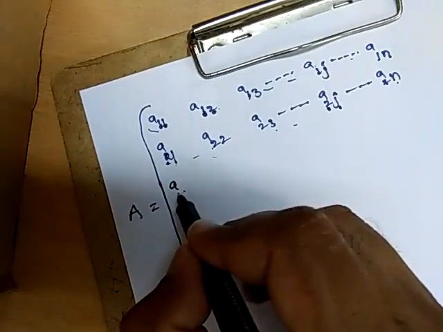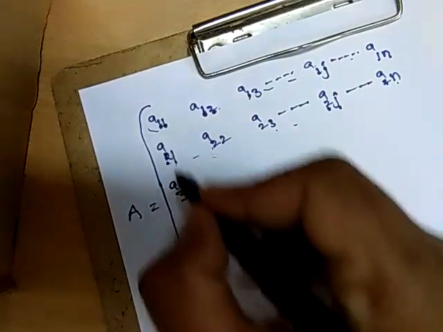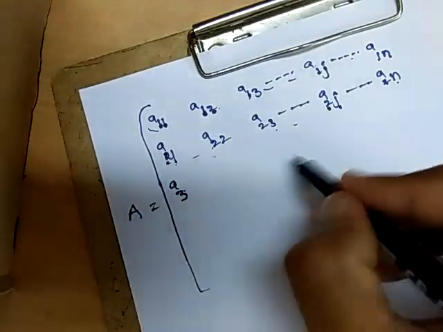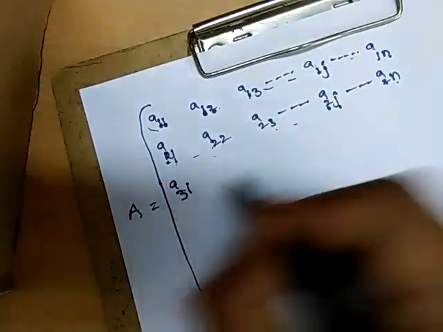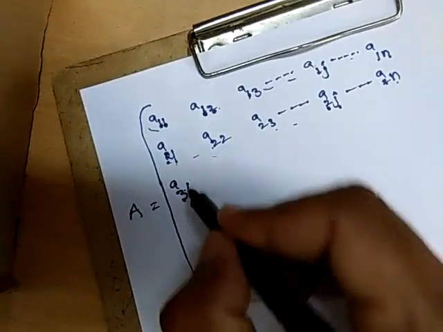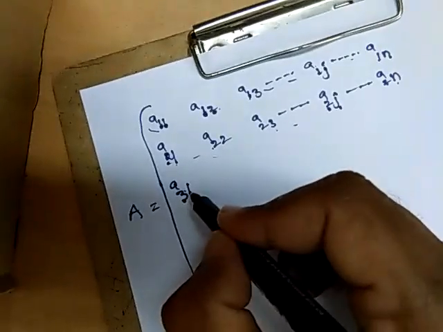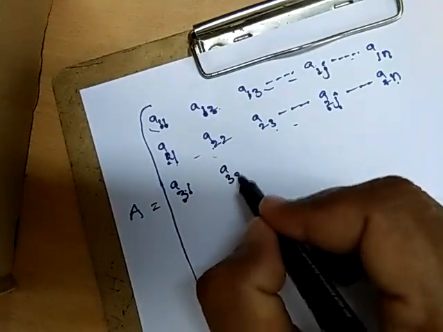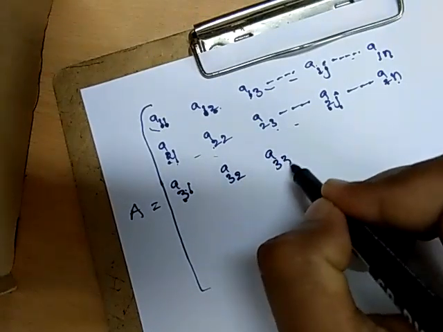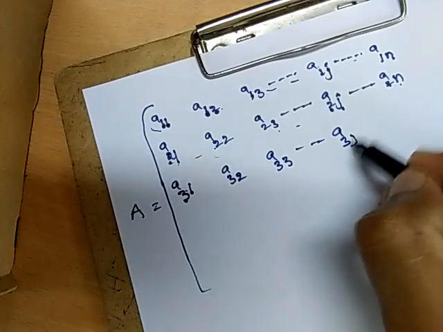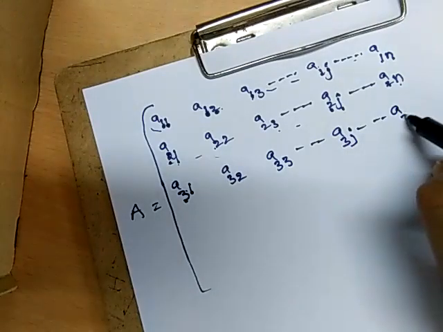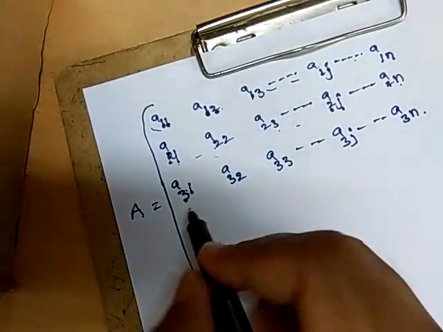Similarly, third row, first column: a31, a32, a33, and so on, a3j, and so on, a3n.